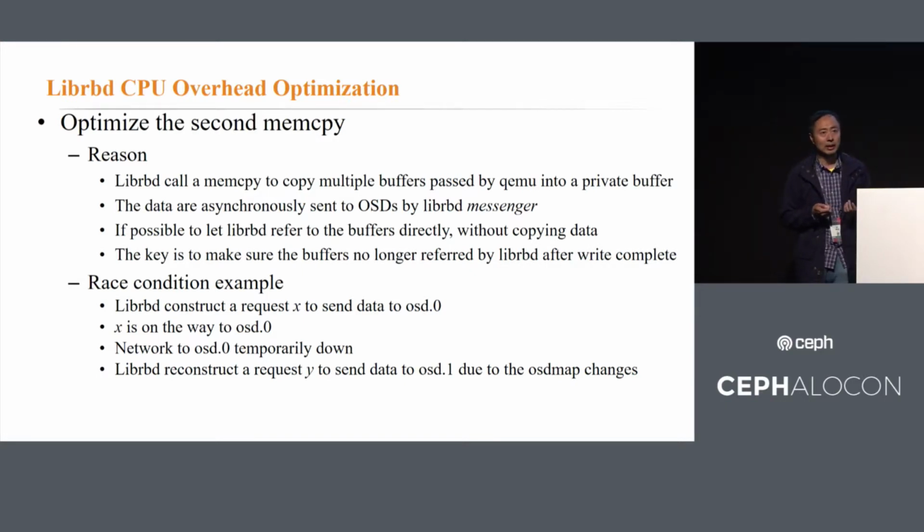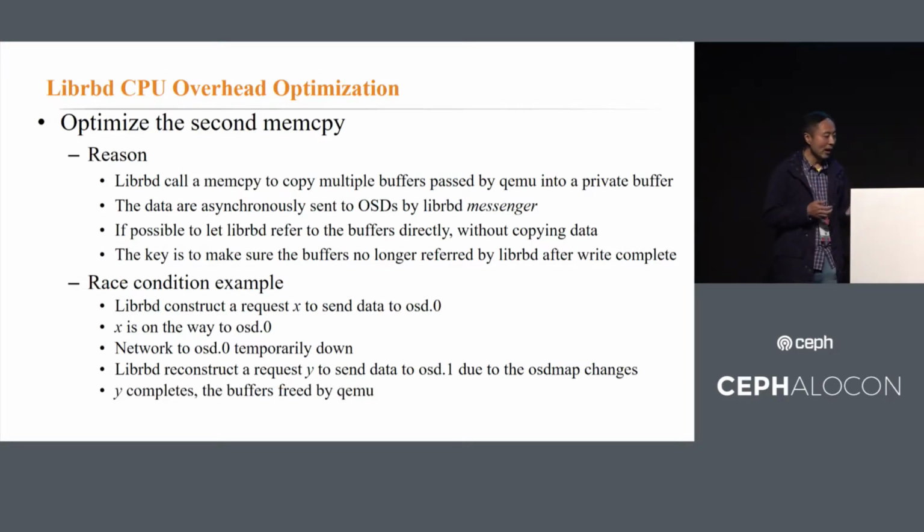So librbd at the client side will be aware of this. librbd will reconstruct a request Y to resend the data to another OSD according to the CRUSH map change. So it will resend the data to, suppose, OSD 1, and Y completes.